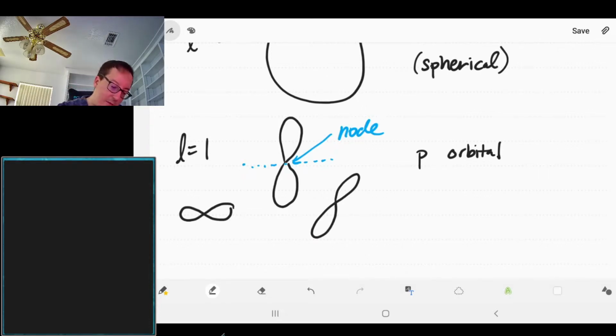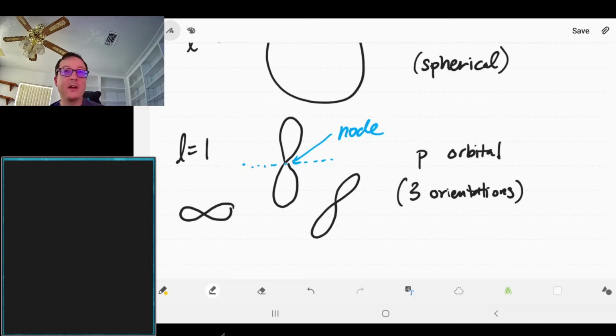So we have three different orientations here. Depending on which direction these are moving, one's up and down, one is side to side, and the other is in and out. I'm drawing that one diagonally, but that's the one that goes in and out. So we have X, Y, and Z directions. That's how those can be oriented.